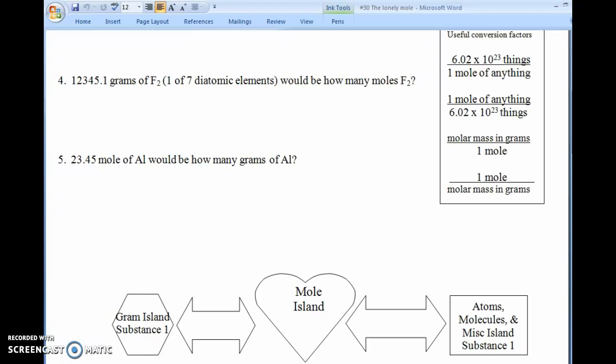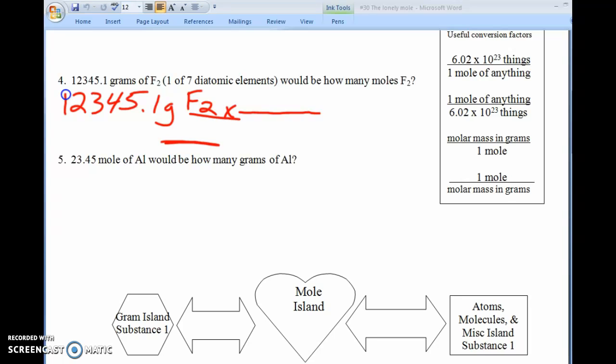So I start with the number and the label that they give us: 5.1 grams. Make sure you bring the grams with you, and also bring the F2. In every factor label problem, you should always write down the number and the label that they give you, a multiplication sign, a division bar. Whatever the label is right here goes right down here. So it'd be grams of F2 go there.